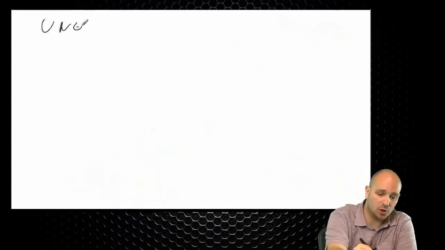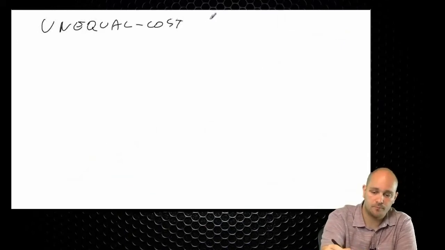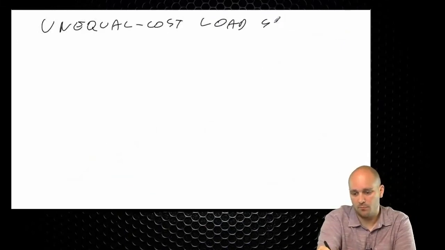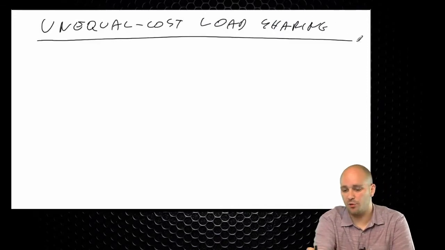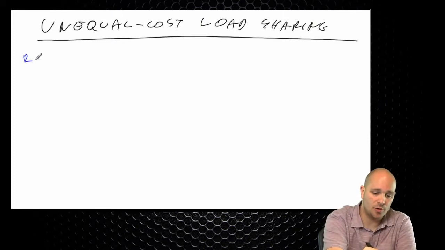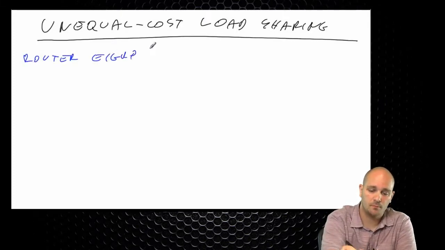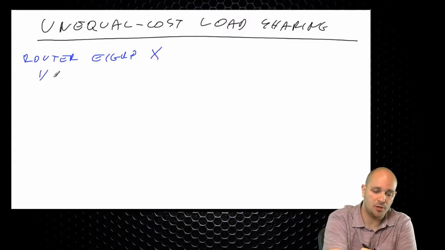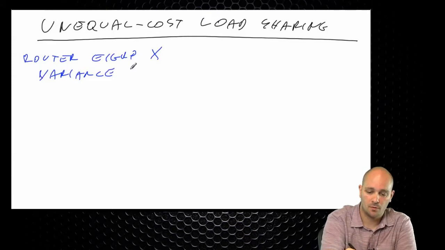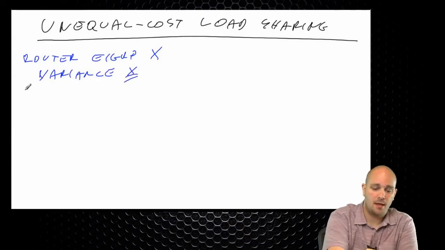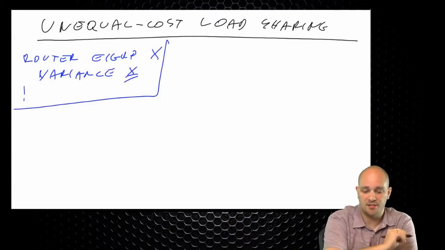So for unequal cost load sharing, this is where you are going to be using router EIGRP, and you will be using variance X. Now, let me explain how this works.